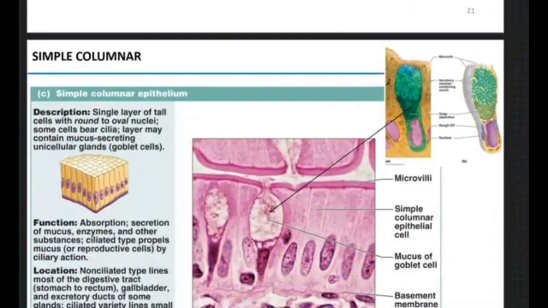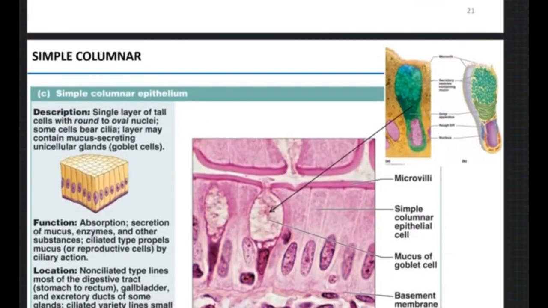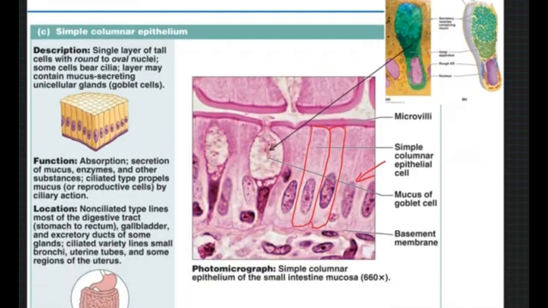Okay, now we get to simple columnar epithelium. So column-shaped cells, right? You can see them here. So these are nuclei. You can see that nuclei are kind of squished. They elongated vertically. So what are the functions?